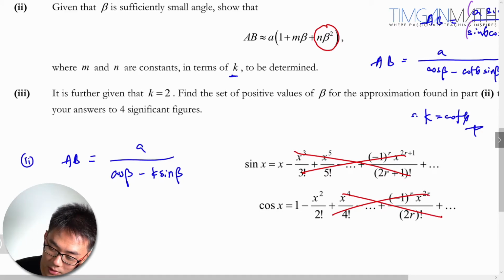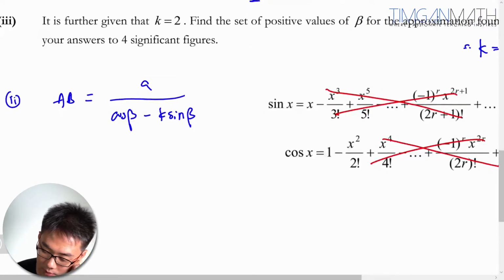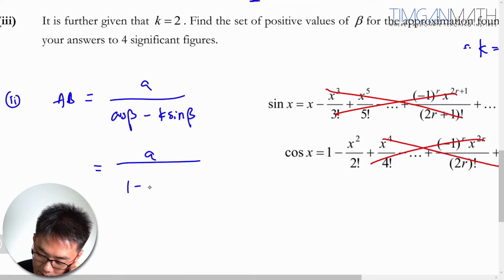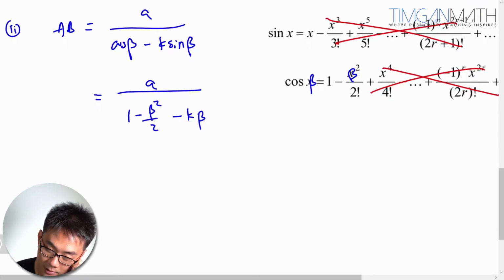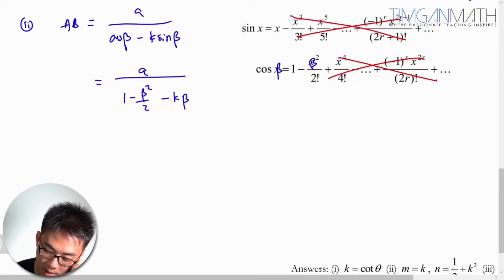So what I'm going to do is cosine beta, which is 1 minus beta square over 2. Then sine beta will be K beta. Okay, anyway, so this is A over 1 minus K beta minus beta square over 2, all to the power of minus 1.